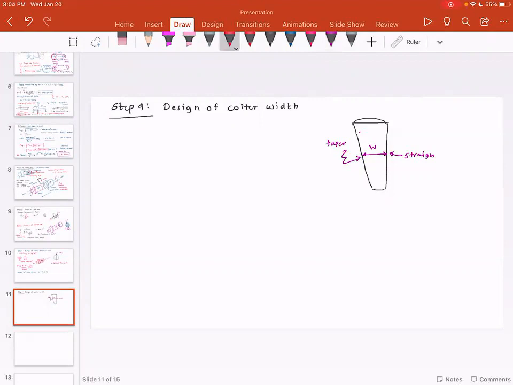And we are going to look at the shear failure. So this is quarter in double shear failure.